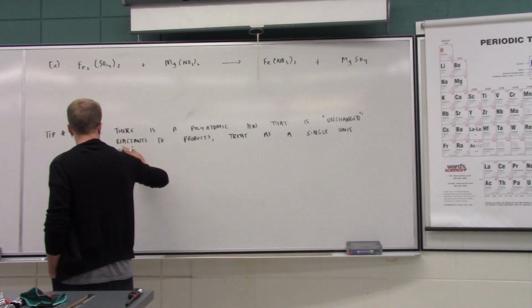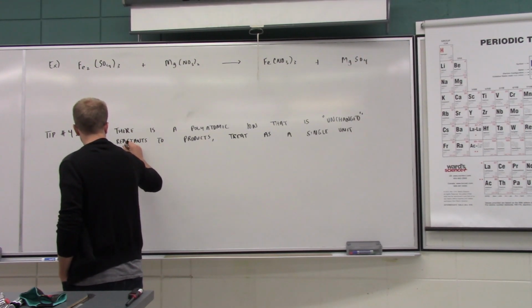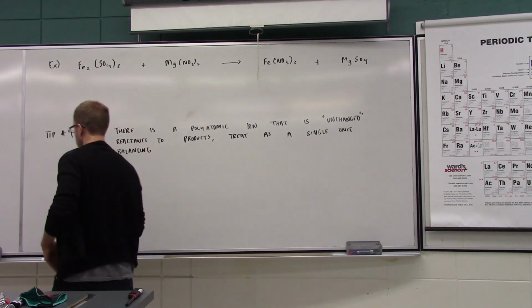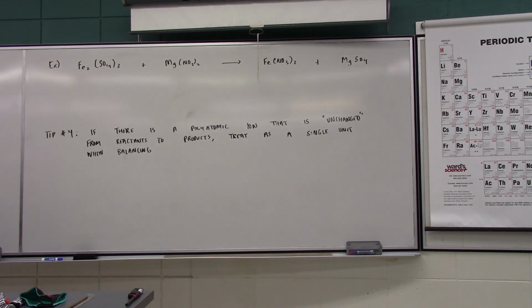Now, there's a reason why I put that kind of in quotations there. So if there's a polyatomic ion that is unchanged from reactants to products, treat as a single unit when balancing.